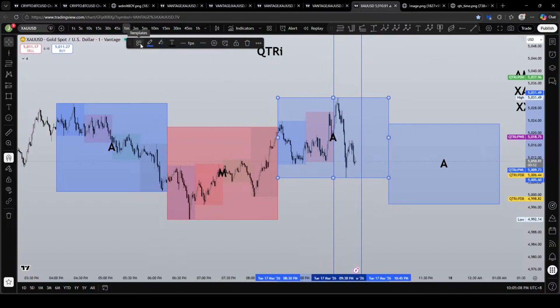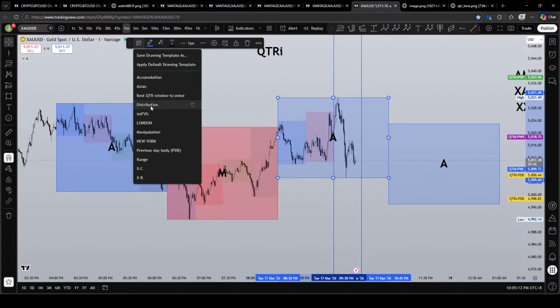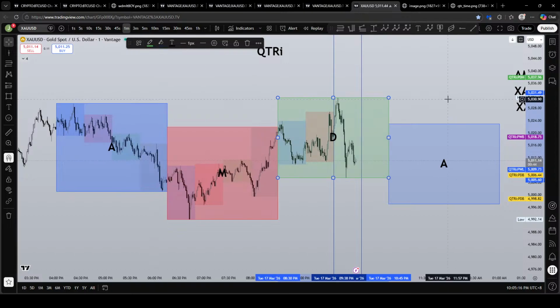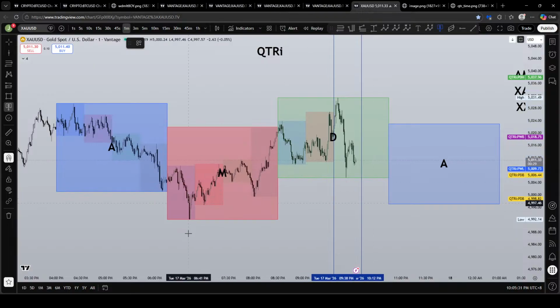So this will be the confirmation whether the third quarter will be considered a manipulation or a distribution. The third quarter will only be considered a distribution if quarter 3 will not create a new low, or a new sub-quarter low. In this case, this will be the entire quarter low.